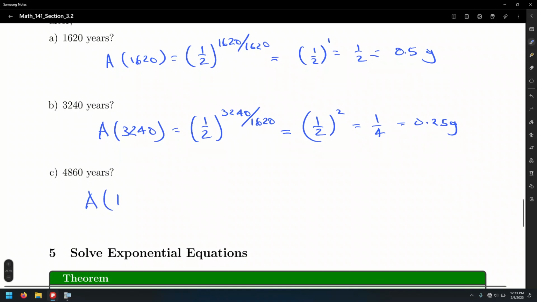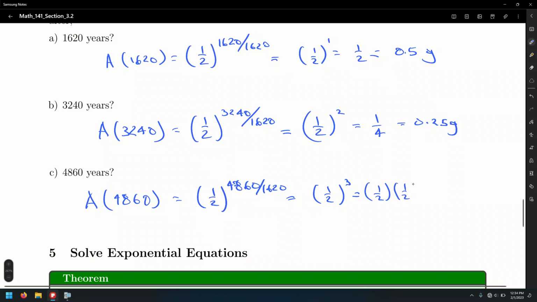Evaluate this at 4860. That's 1/2 raised to the 4860 over 1620. And if we divide these two numbers, it looks like this is 3 times, right? 1/2 to the third power. So essentially, if we rewrite this as 1/2 times 1/2 times 1/2 again, what do we have over here?